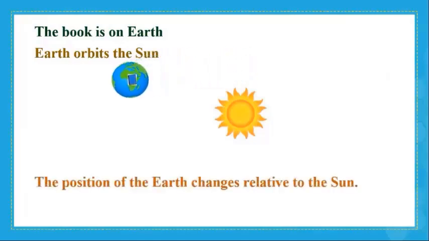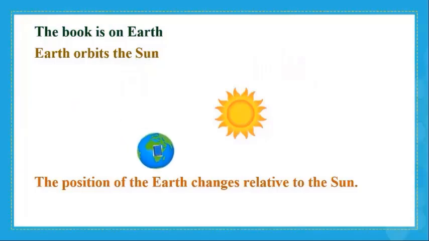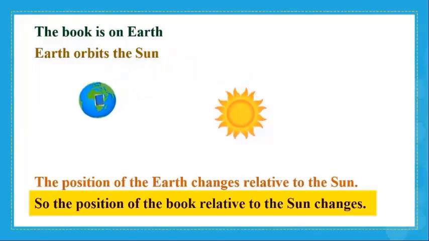The position of Earth changes relative to the sun. So, any object on Earth, its position will be changing relative to the sun. The book, which is on Earth, is changing its position relative to the sun.